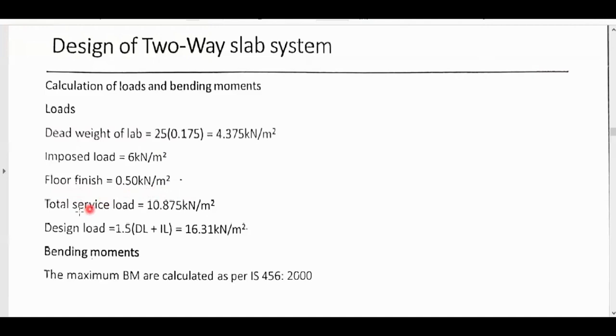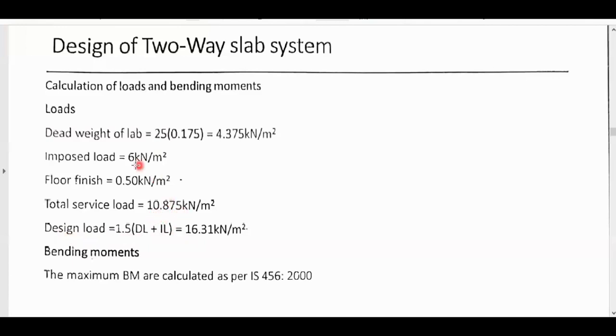So the total load will be now 6 plus 4.375 plus 0.5. So this yields totally 10.875 kilonewton per meter square. Now we'll calculate design load. Design load is equal to 1.5 times dead load plus live load.